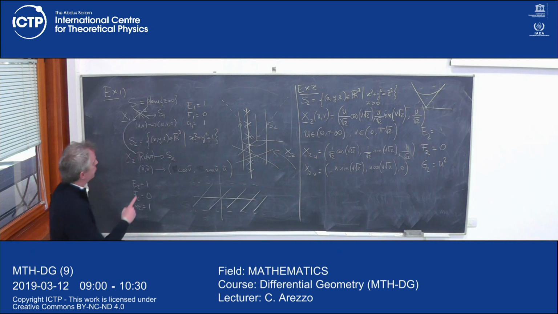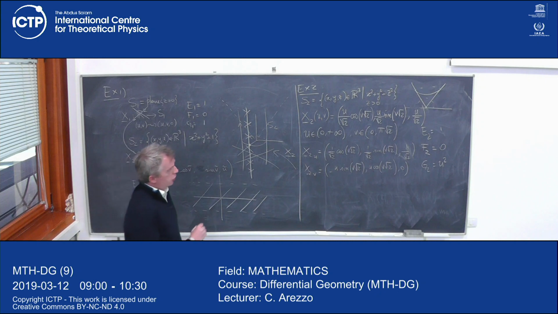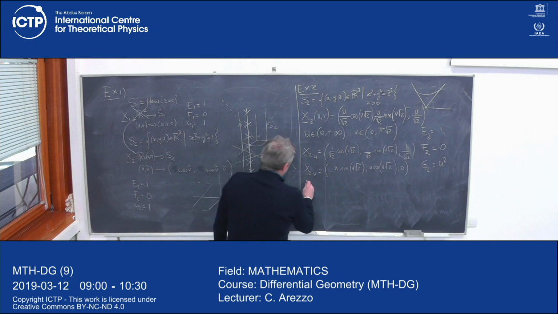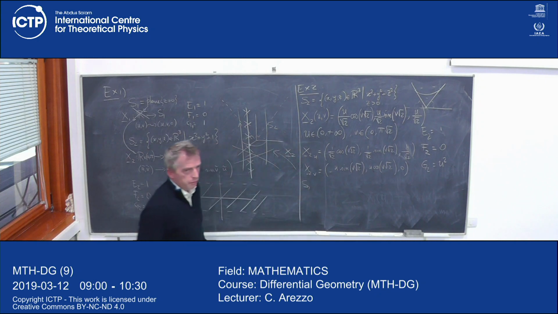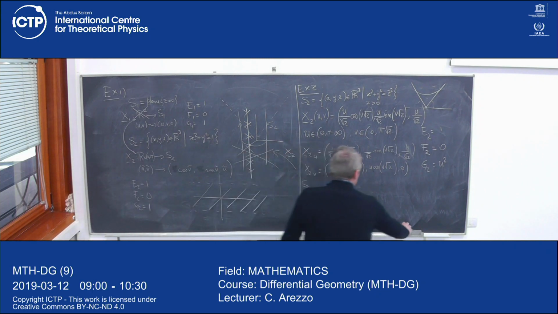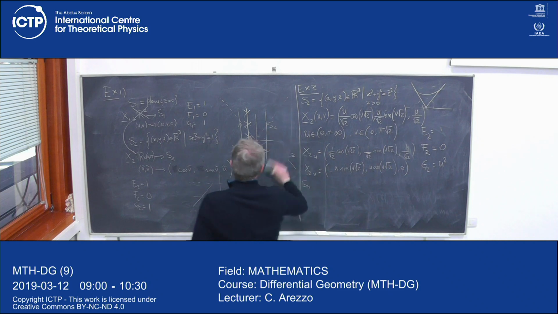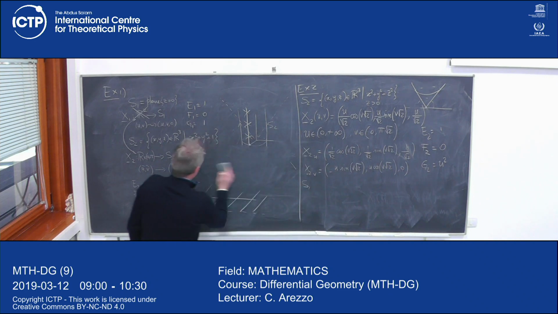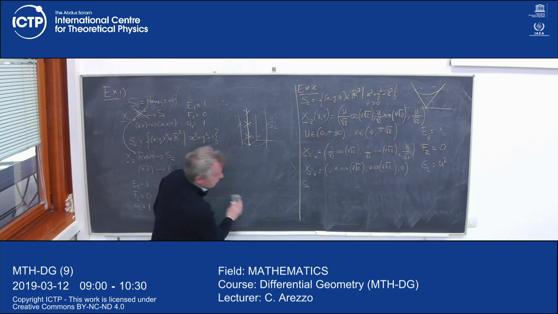I want to change, strange enough, I don't like the plane parameterized in this way. I want to change the parameterization of the plane, and actually I'm not going to take the whole plane, but I'm taking, maybe here the picture again could be a bit of help. Sorry?